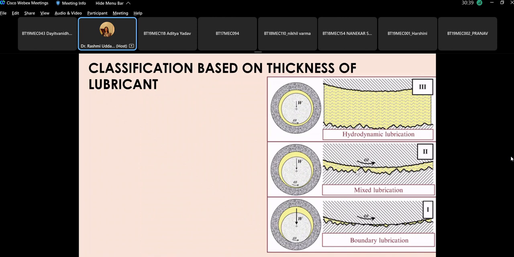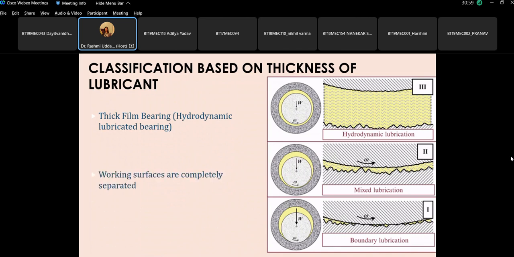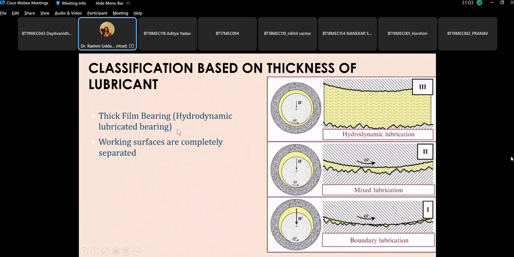Whereas in mixed lubrication, only a small part of the surface roughness of the bearing and the journal are in contact with each other. In hydrodynamic lubrication, which is also known as thick film lubrication, the working surfaces are completely separated. This is the most commonly used type of bearing, and while solving the numericals we will always assume hydrodynamic lubrication.